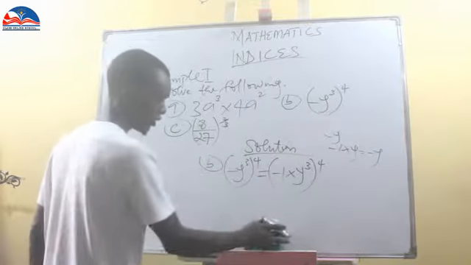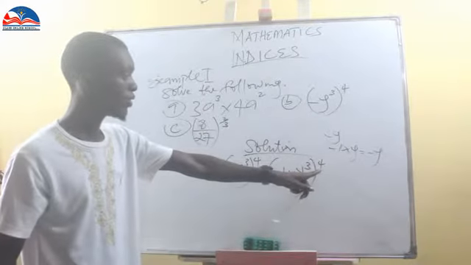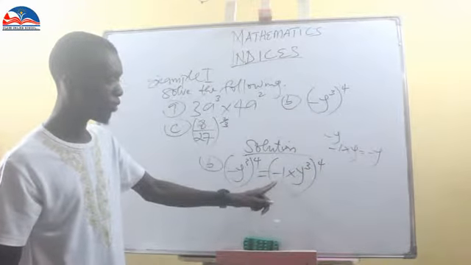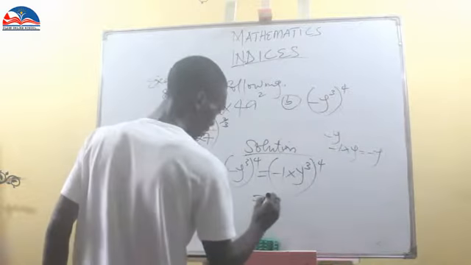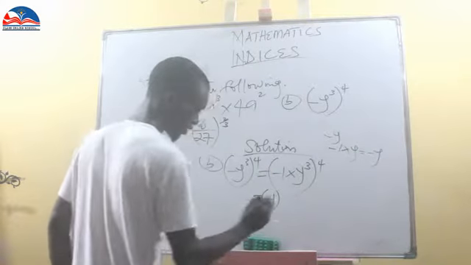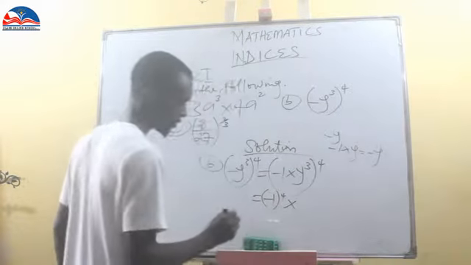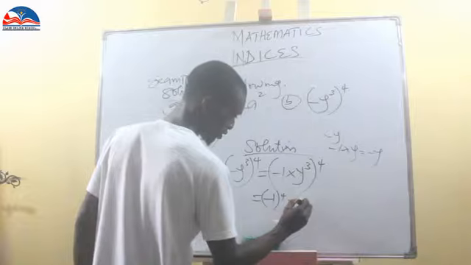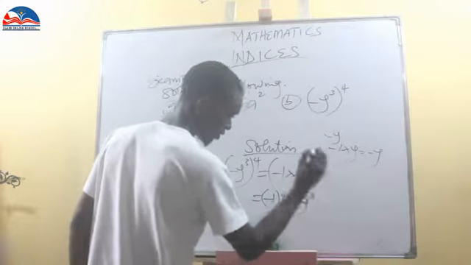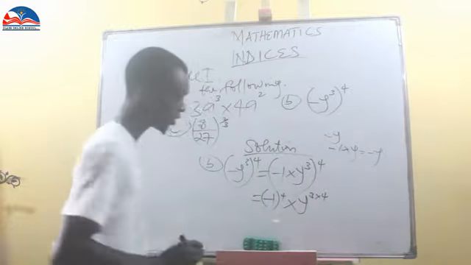From this place, I will now apply the index 4 to both: minus 1 index 4 times y index 3 times 4.